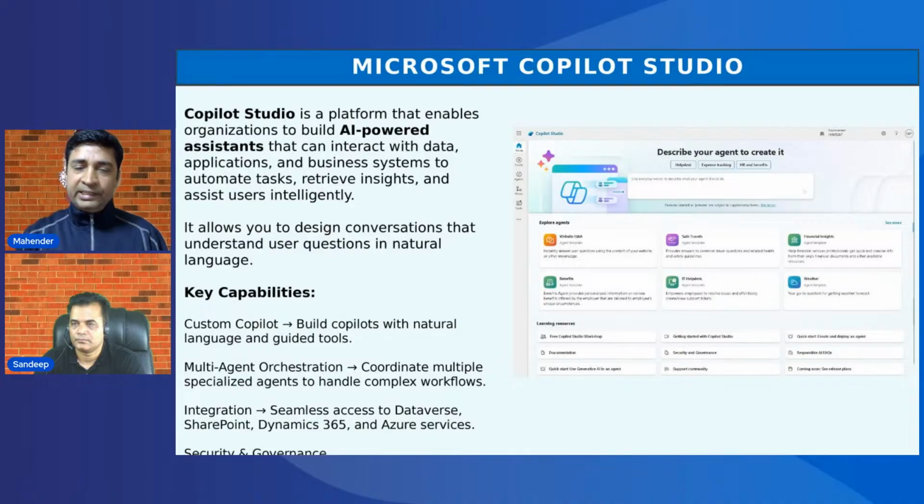We can easily create our custom copilots, we can create our agents, and different types of copilots here. We can have multi-agent orchestration: if we are building multiple agents, how will those agents be managed? So we can build a manager agent. That's what we call multi-agent orchestration.